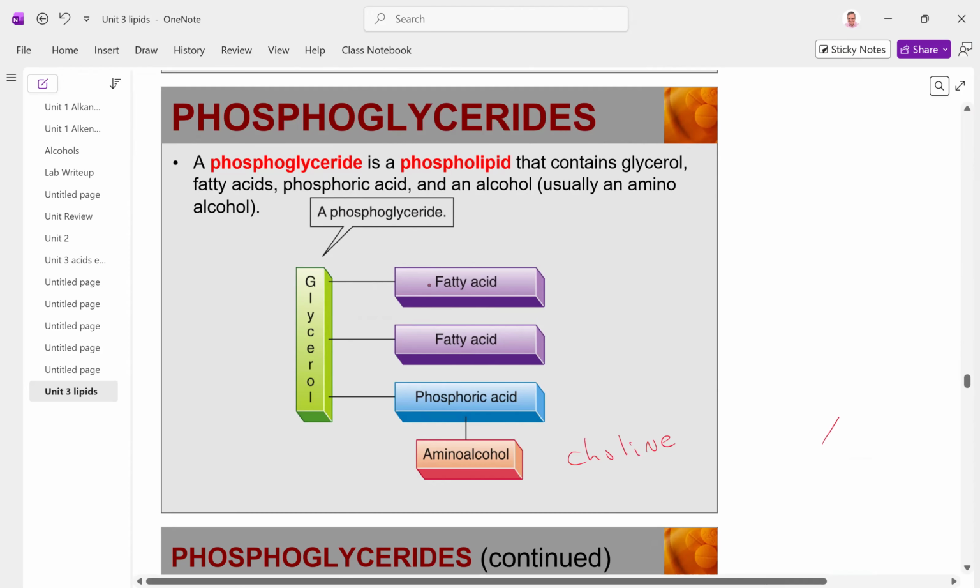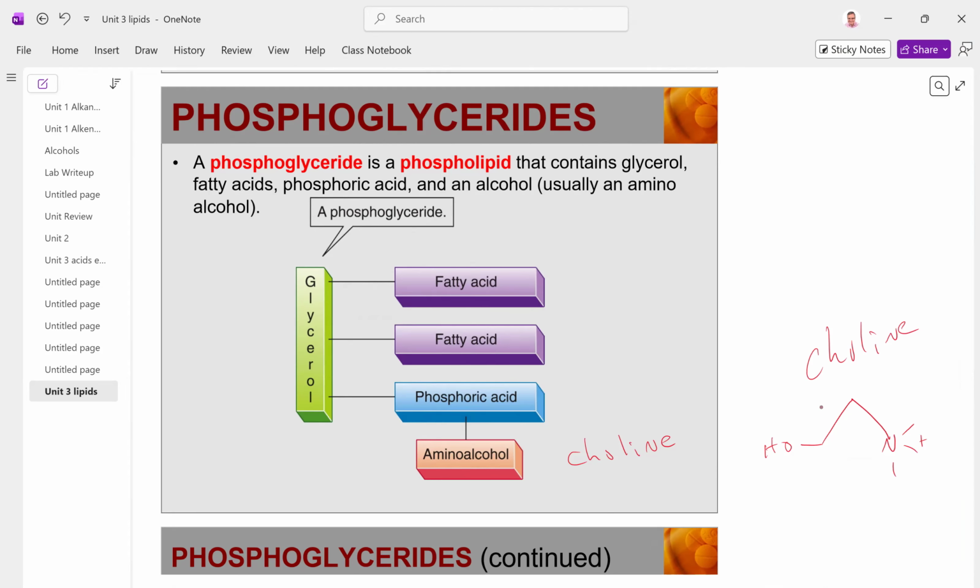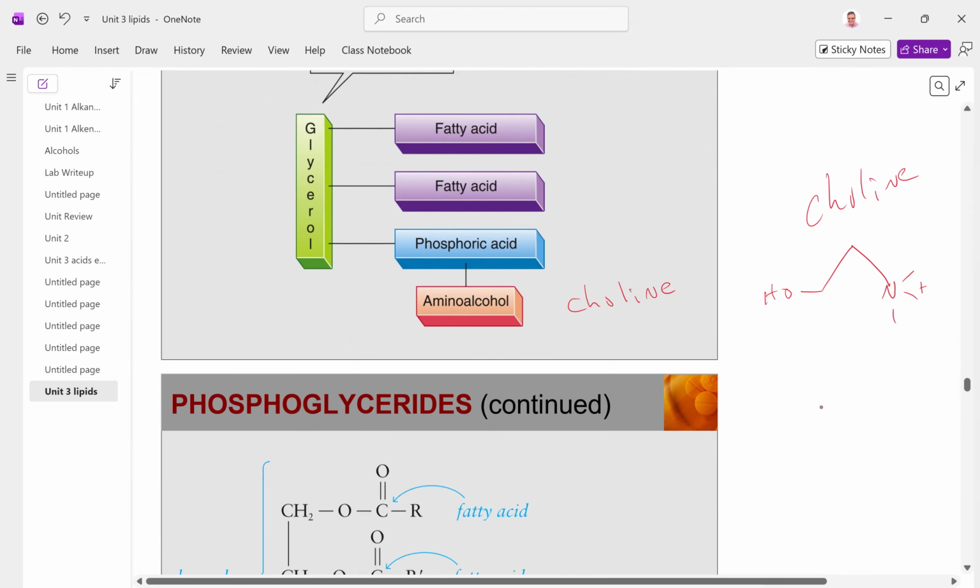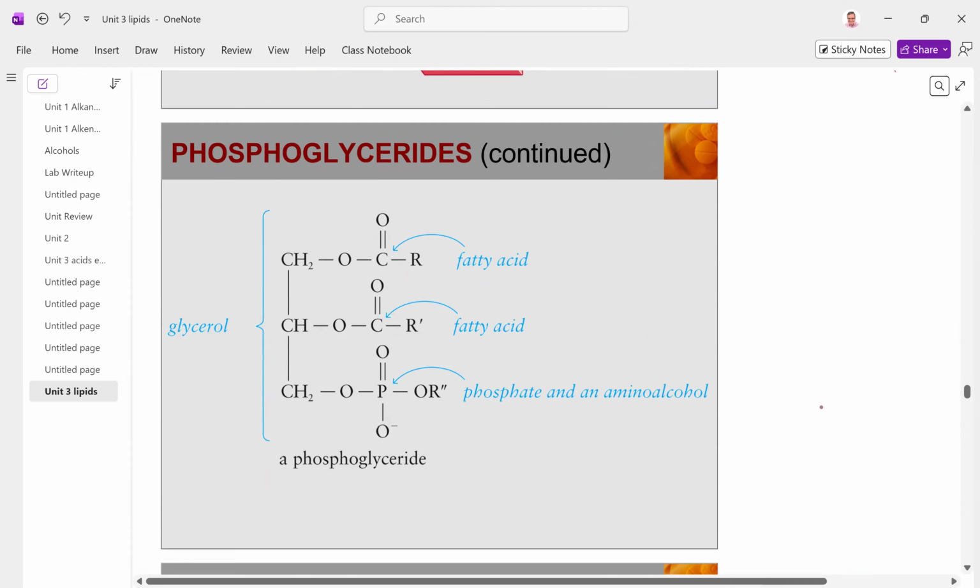Choline looks like this. So that's choline. So this is a phosphatidylcholine. You've probably heard of that before.